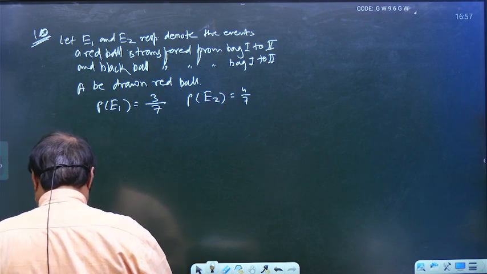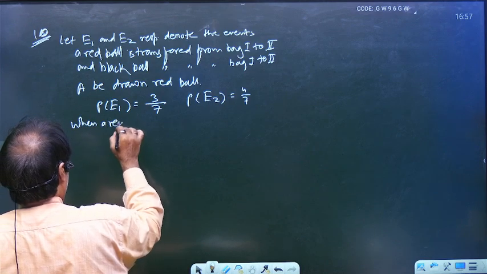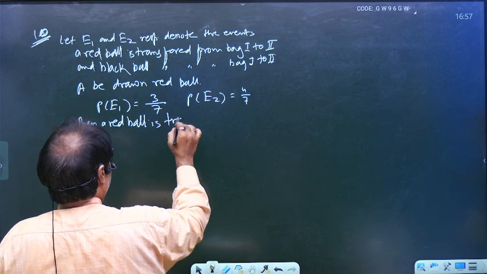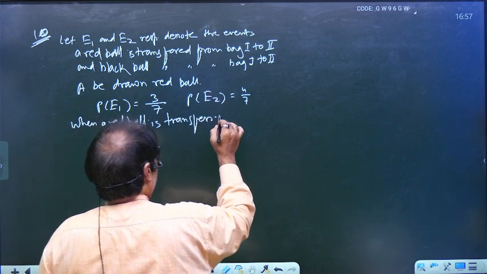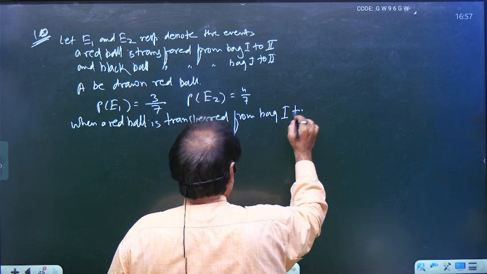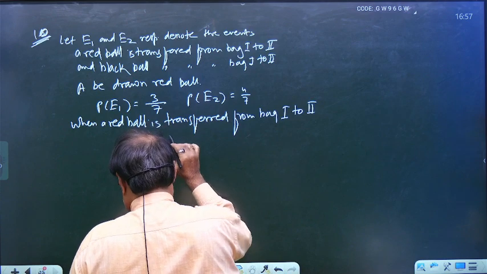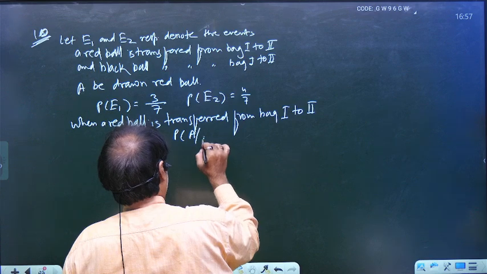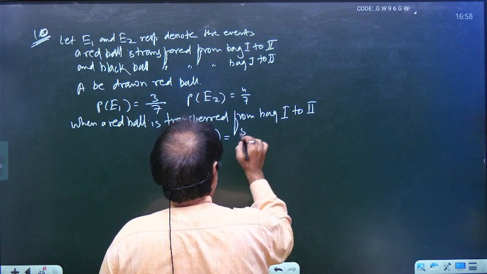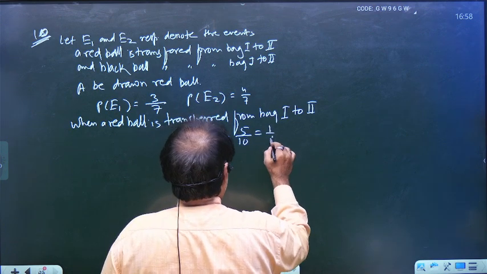Now when a red ball is transferred from bag 1 to bag 2, then probability of A given E1 is equal to 5 by 10, that is 1 by 2.